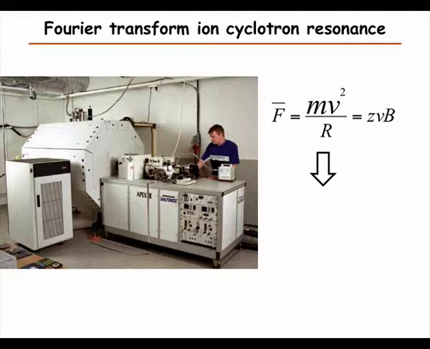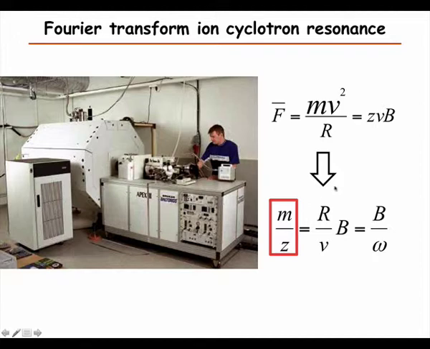And so here again we have the same as we had for the magnetic sector, that we bend the peptides, but now we make them go around many times. And here we use a detector that doesn't destroy them but looks at the mirror current.